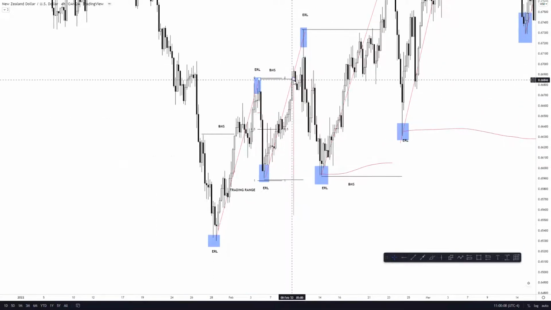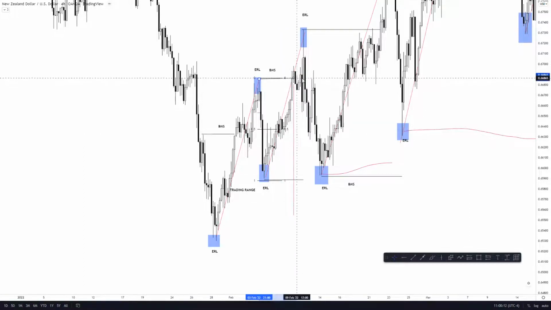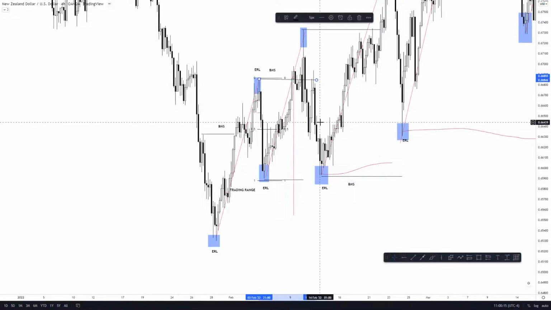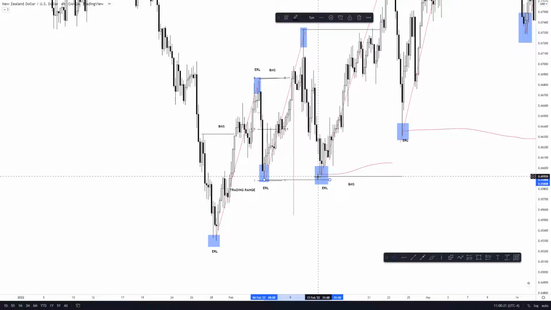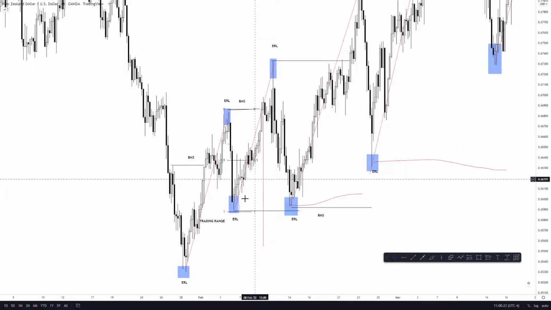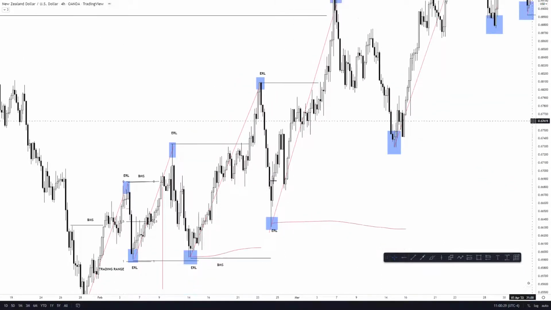Always look for price to come to a discount level if you are looking for buys. So what happened here is price came just below 50% of the discount of this trading range, from this side to this side, and bought up. Same thing here.